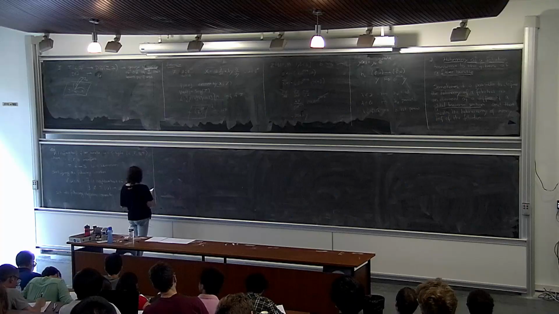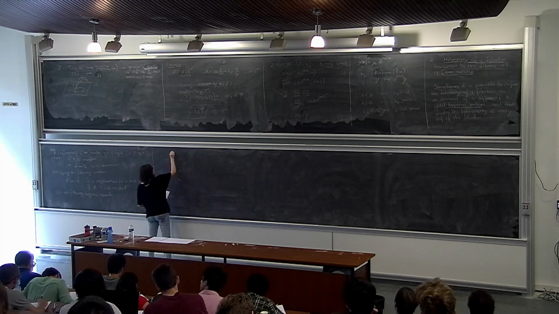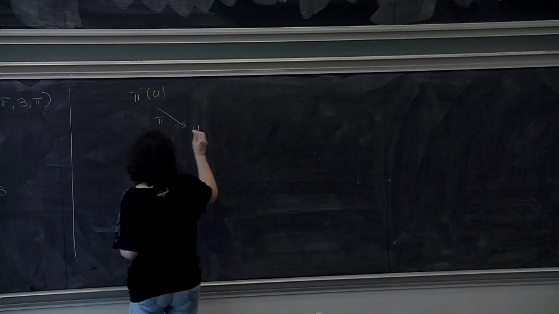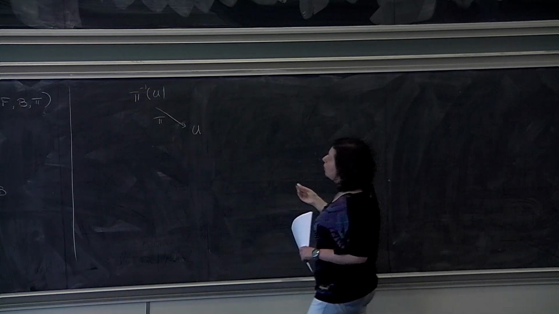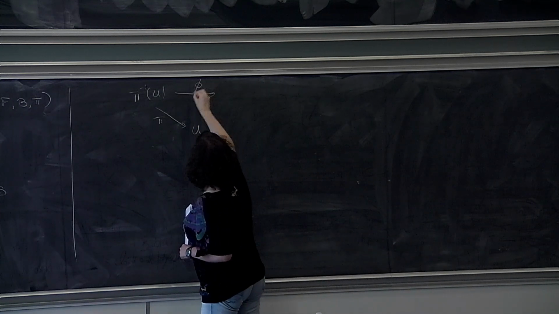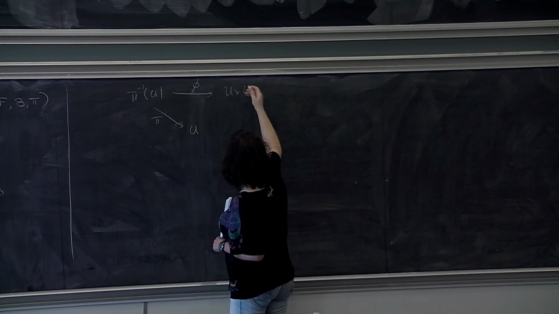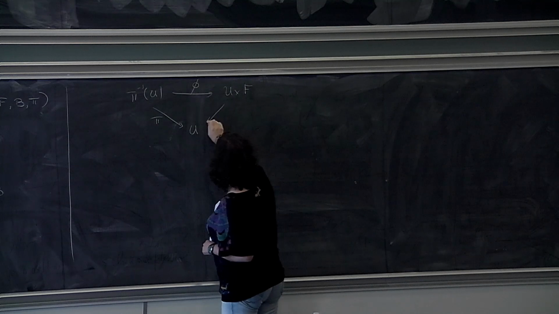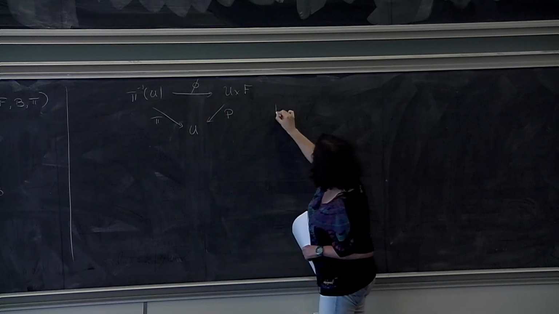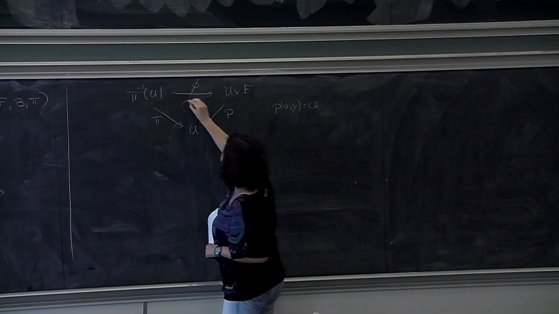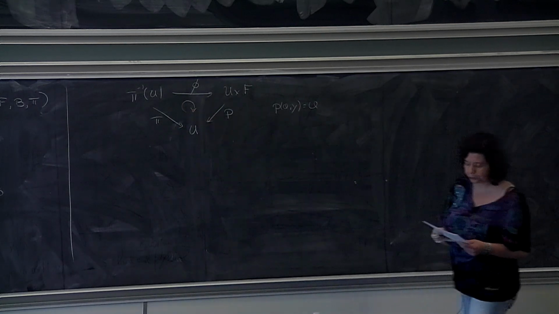So I have here pi minus 1 of U being sent to U by pi, and phi going to U times F. If I consider p as the projection on the first element, this has to commute.